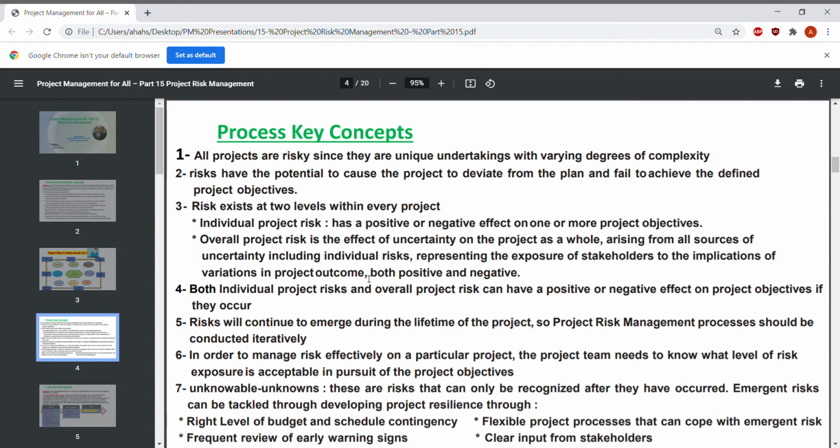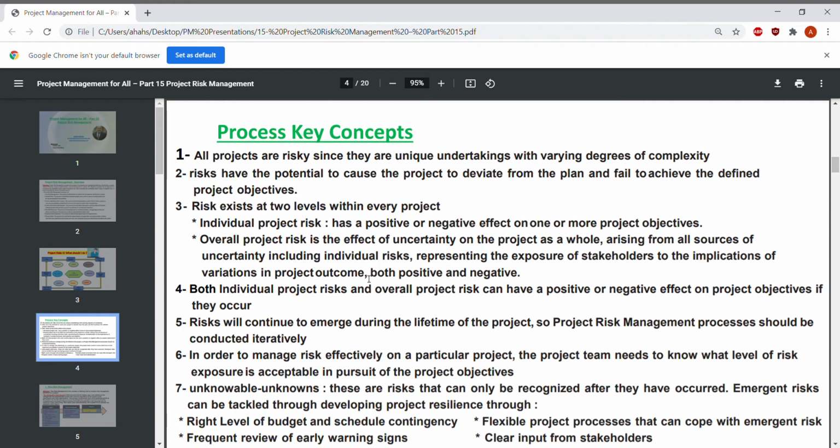The seventh concept, the unknowable unknowns. These are risks that can only be recognized after they have occurred, because some risks are known, but these are unknowns. So emerged risks can be tackled through developing project resilience through these four concepts.